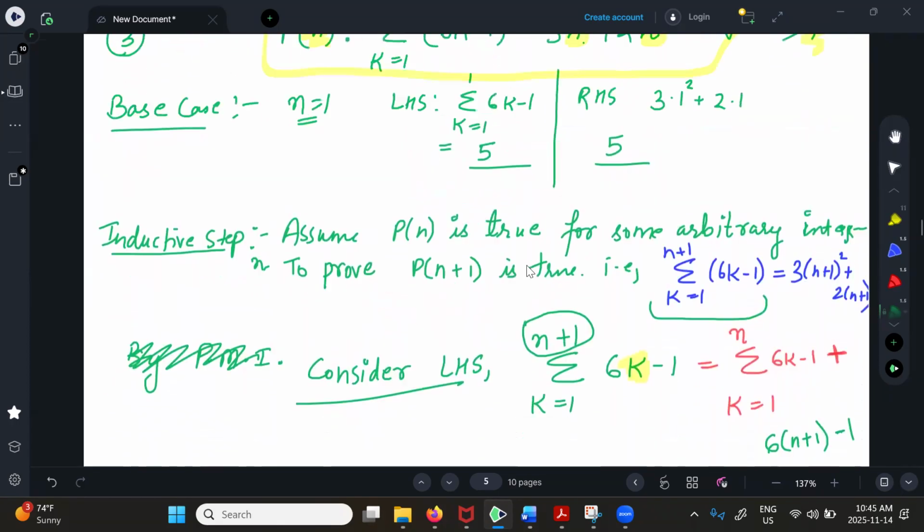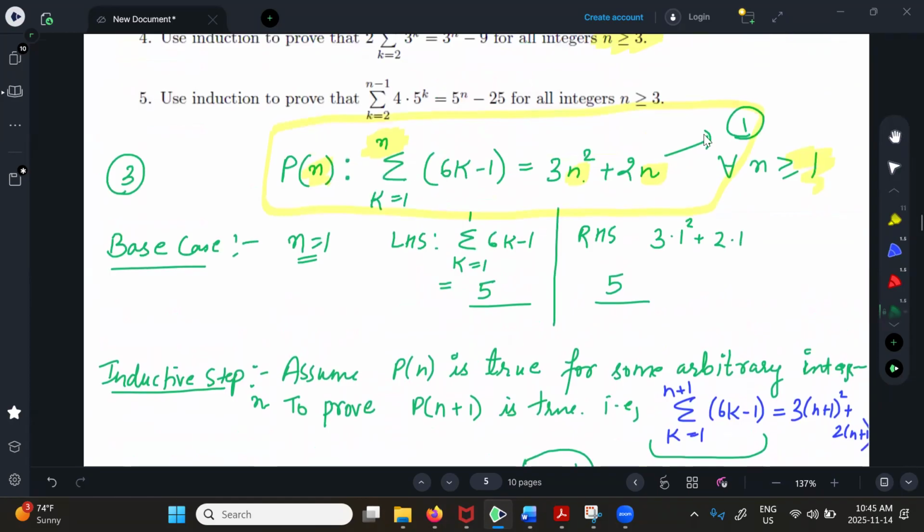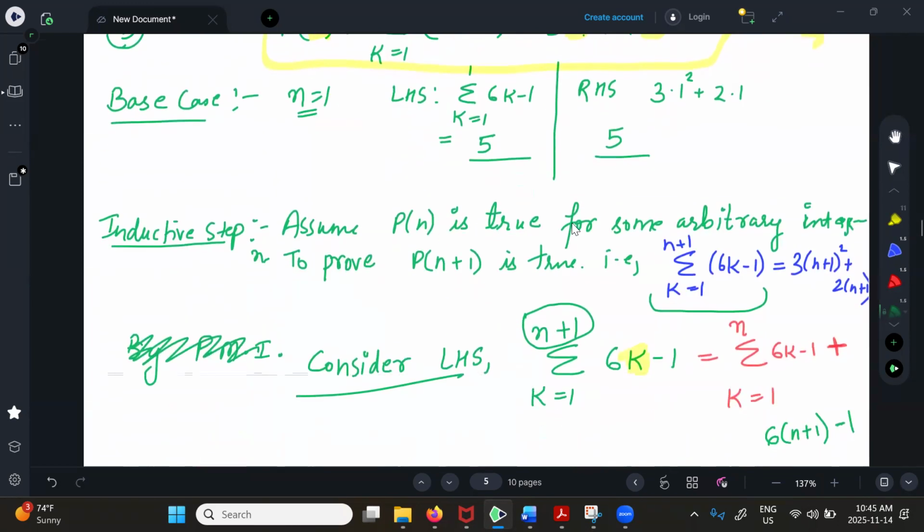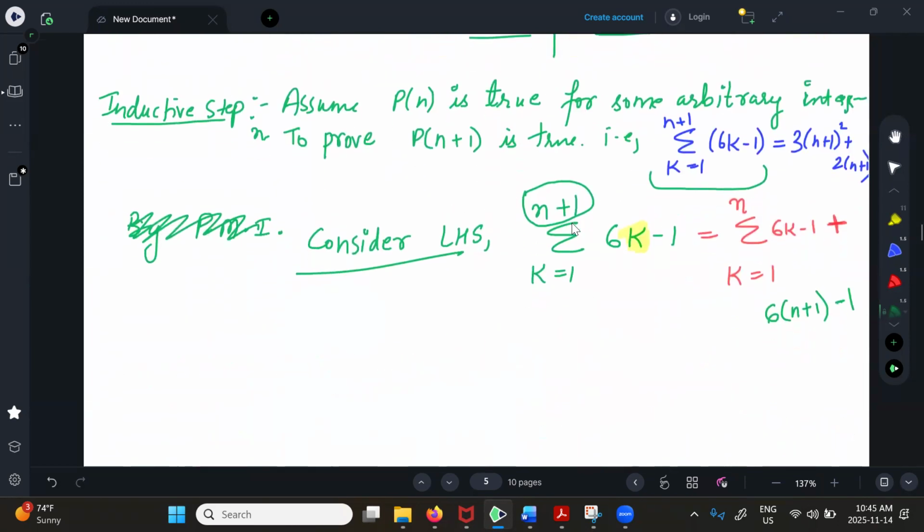But now I'm going to use this Pn. It's equation 1. I can assume this is true, so I can use the right-hand side of this equation, which is 3n squared plus 2n. You see, this guy right here looks like the left-hand side of 1.